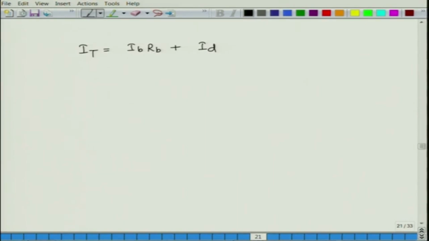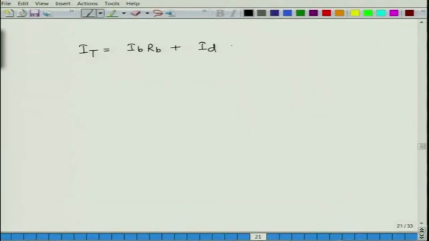We can only write ID, which is the isotropic sky diffuse intensity, a single value, and the view factor is (1 + cos beta)/2. That is the total diffuse radiation coming from the sky dome, plus the ground reflected part, where we use the view factor with the ground. This is the expression that we get under isotropic sky.